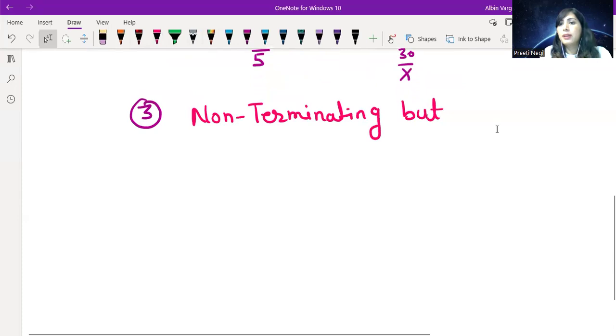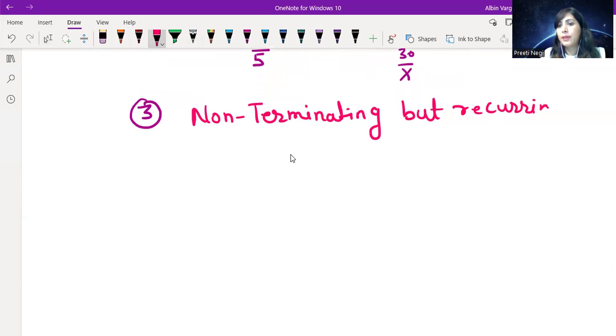Okay, what is recurring? Means which repeats itself. Non-terminating means कभी खत्म नहीं होगा लेकिन repeat करेगा अपने आप को. Let's take an example. We have 20/3.